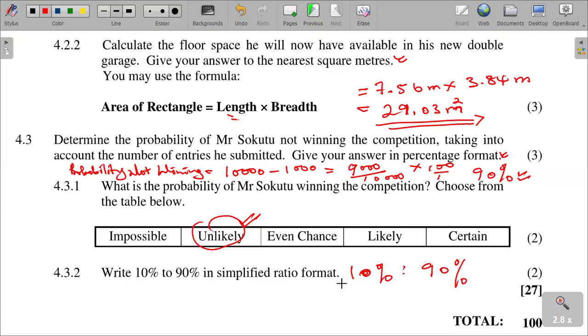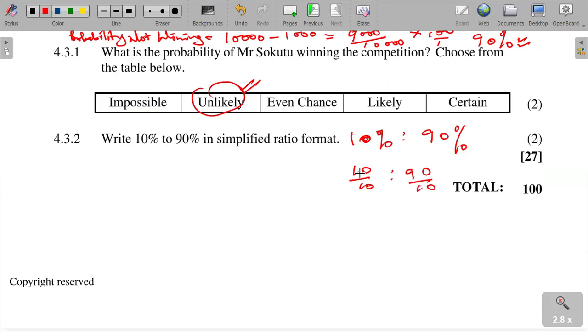And then it is just to say as to ratio, which is equal to 10 over 10 is to 90 over 10. If you divide there, you get 1 is to 9.